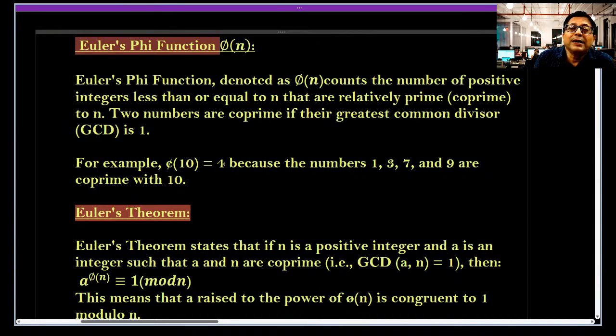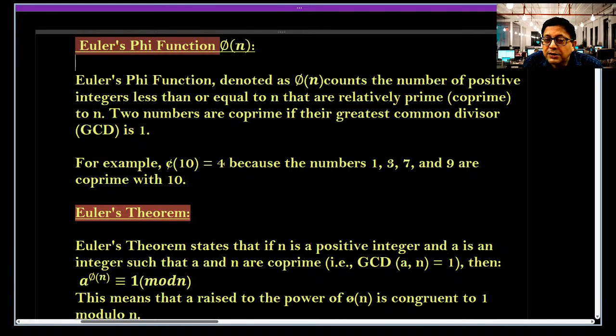So you are going to find the number of positive integers less than or equal to n that are relatively prime to n. Phi n stands for that. Two numbers are co-prime if their greatest common divisor is 1, that you know.